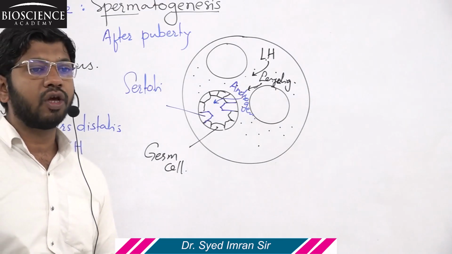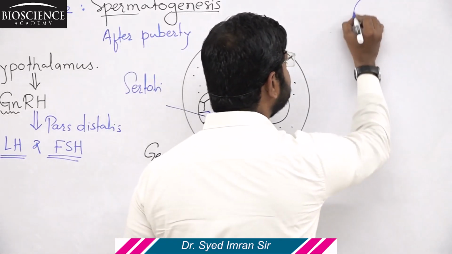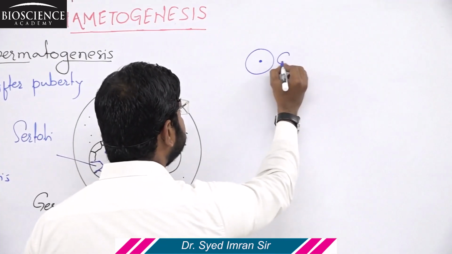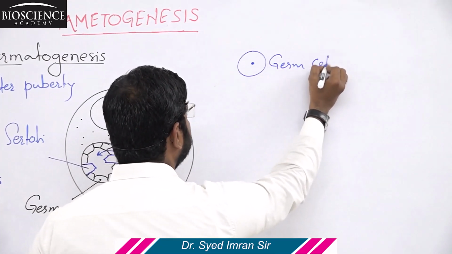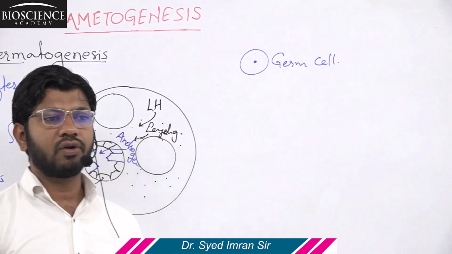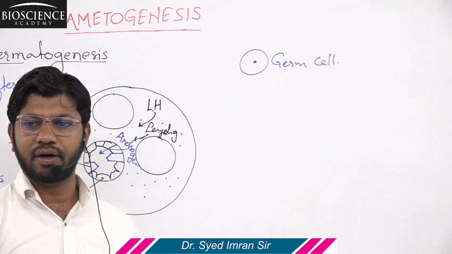to perform meiosis. As a result of meiosis, let us consider this is one of the germ cells. There are several germ cells. Before the entry of androgen, they already performed mitosis and increased their number.